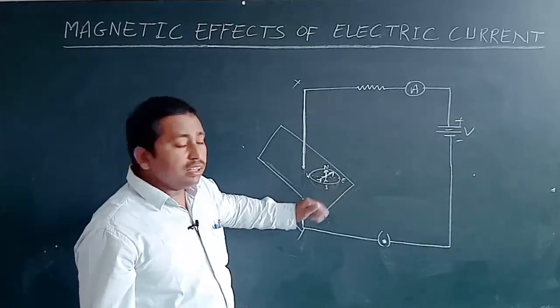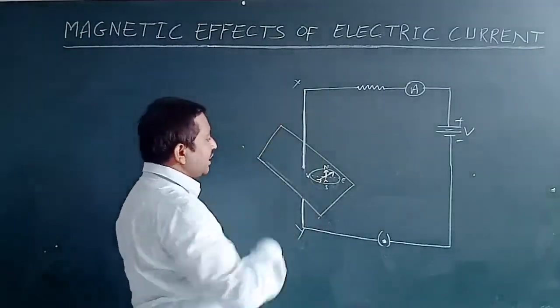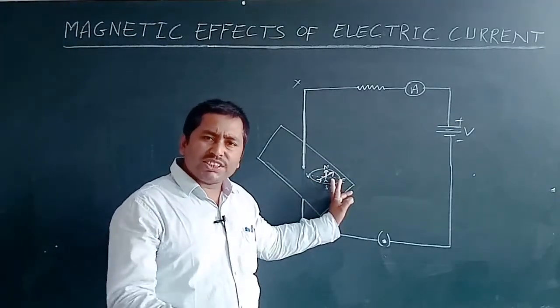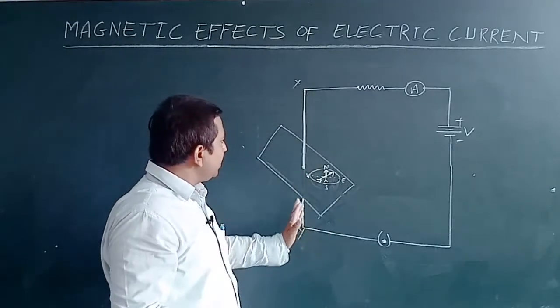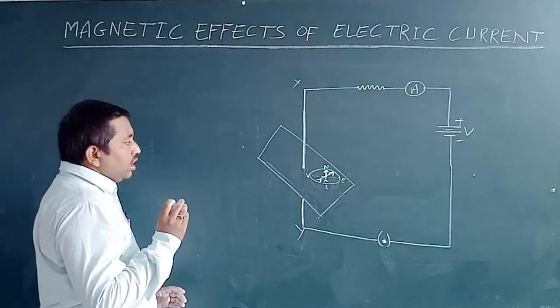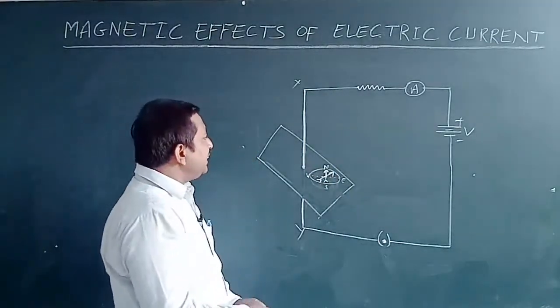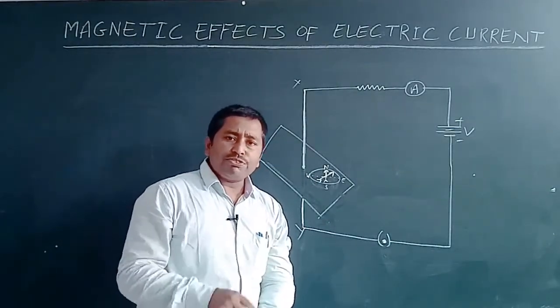It means that when there is a current flowing through the conductor, there is a deflection in a magnetic needle placed nearby the current carrying conductor.